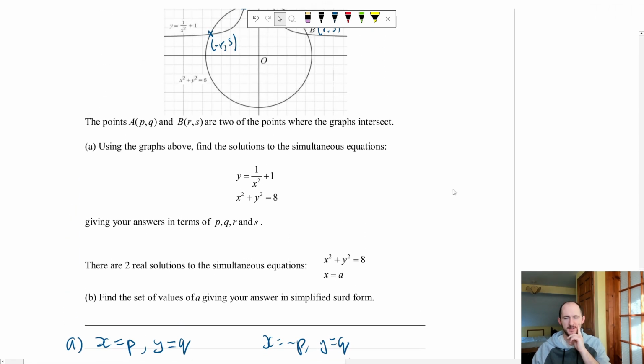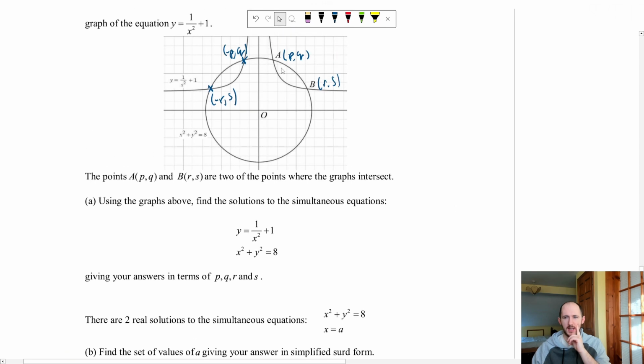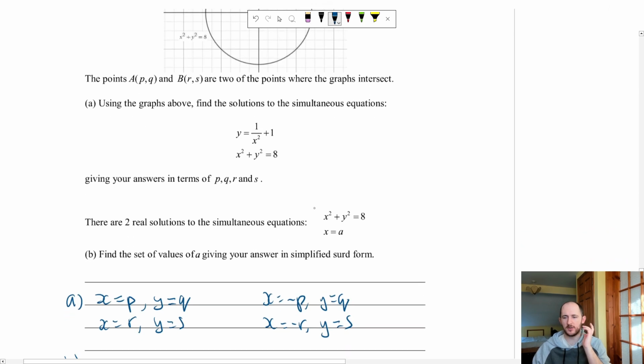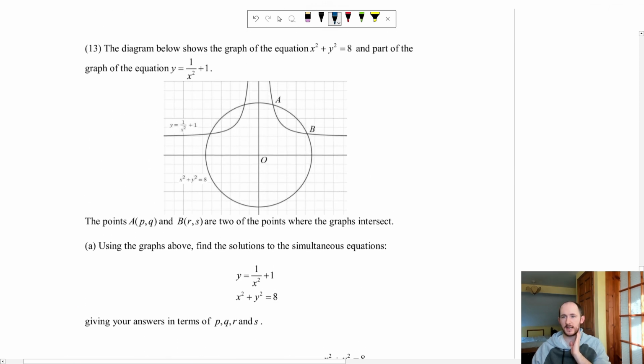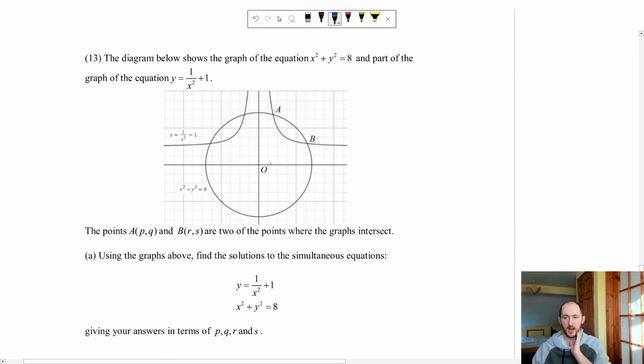I've spotted what they need us to do. Let's blank out all this for a second. If I ask you to draw a line of x equals a, you would hopefully draw a vertical line. That doesn't make sense, a vertical line at some point on this graph, right?